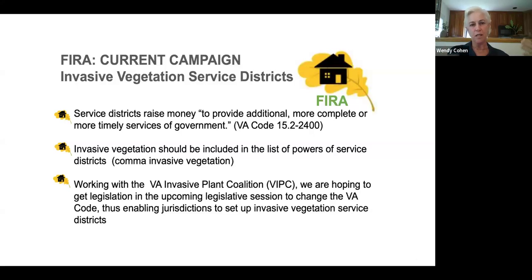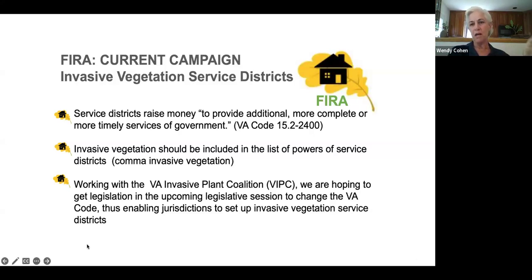And we feel that that's what invasive vegetation is. The current powers of service districts list pests, they list beautification and landscaping, a lot of stormwater, a lot of road, those kind of things. We feel that there's been an omission.